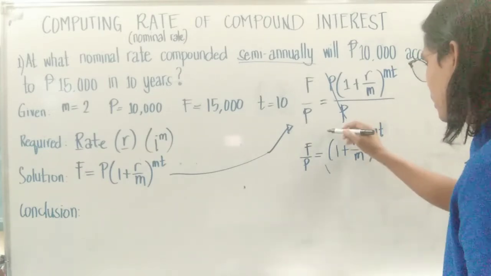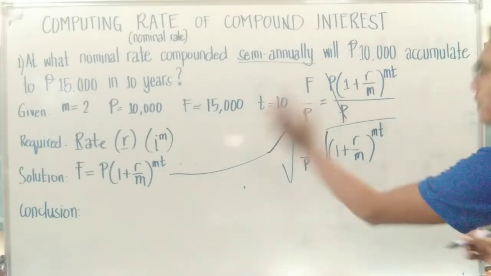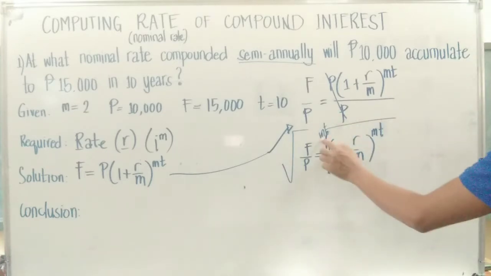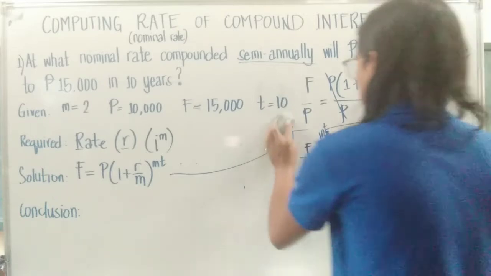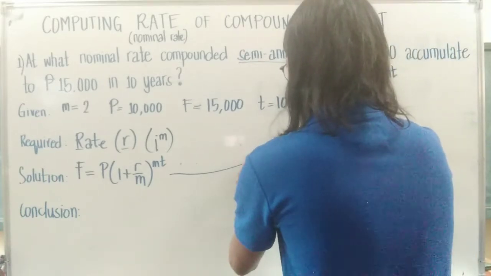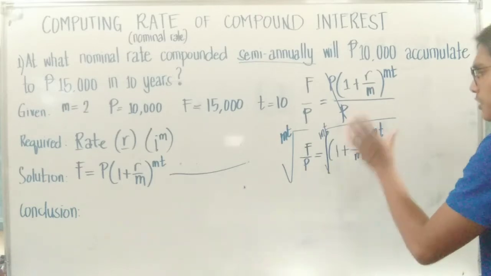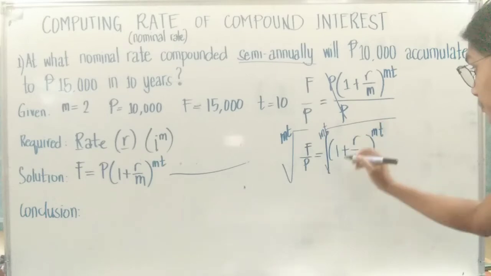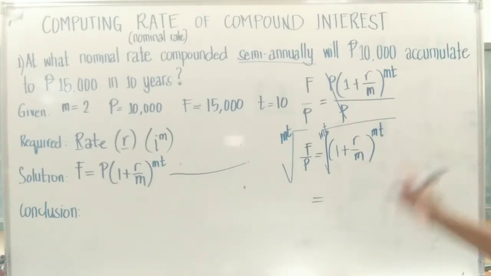I will extract this on the other side, so to extract this one, we should get the root of MT. Okay, basic things on equation: what you do on one side, you should do on the other side. Okay, reviewing your exponential or log exponent.